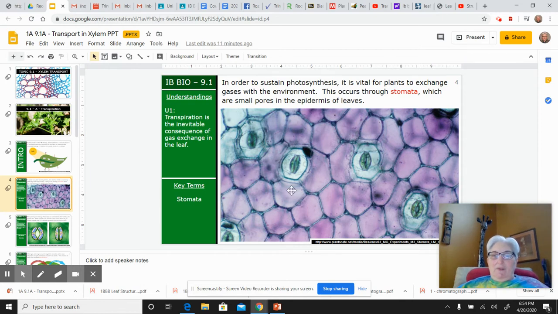This is the epidermis of the plant here. Inside some of these cells are guard cells that allow water and things into and out of the stomata. So the stomata is able to open and close. Everything has to go through this stomata.